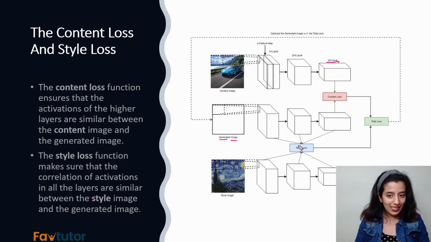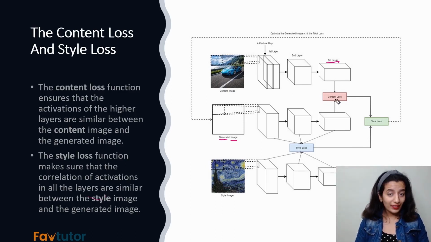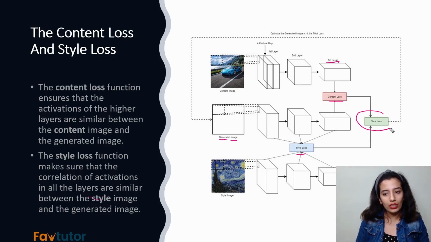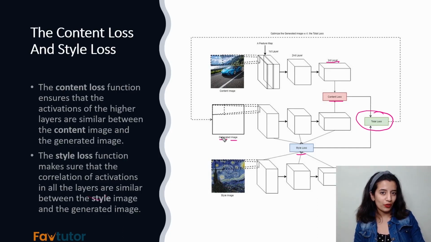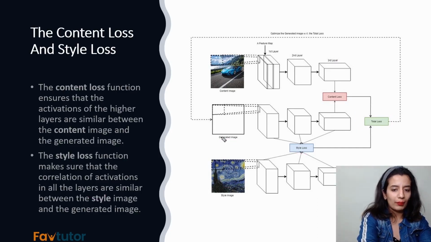So the style loss can be calculated with respect to all the layers of the neural network, while the content loss is calculated only in the higher layers. Totally, content loss and style loss will give you the total loss in your generated image. I hope this particular definition is clear for you all. Now let us understand how we can compute this mathematically.